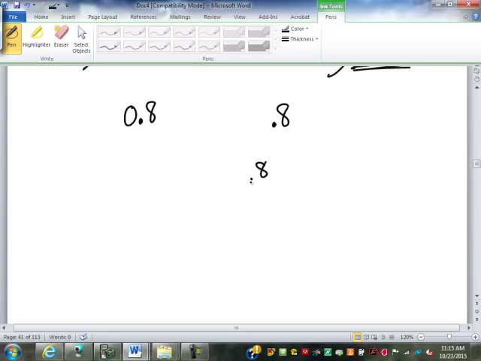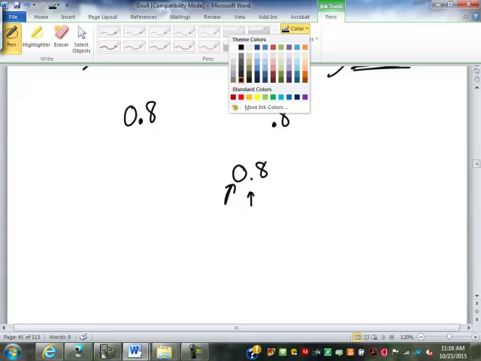Is that a decimal point, or is that just a stray mark? Is that 0.8 or is it 8? It can be kind of unclear. But if I put the 0 in front of it, that highlights the fact that it's a decimal point. There would be no reason for this 0 if that really wasn't a decimal point there. In the ADN program especially, they have started marking things wrong if that 0 is not in front of the decimal point because of that clarity, just to highlight that it's there. So I just wanted to bring that up to you.